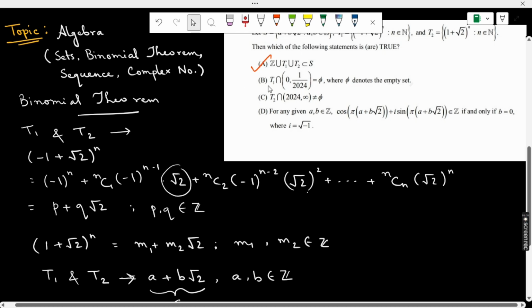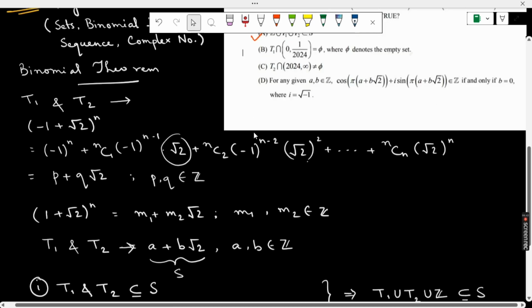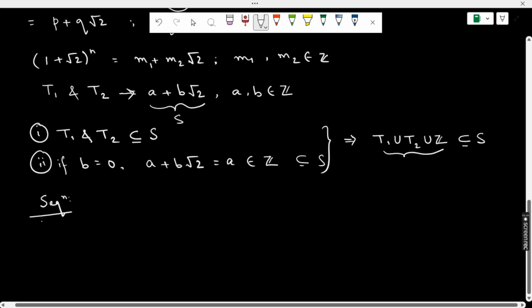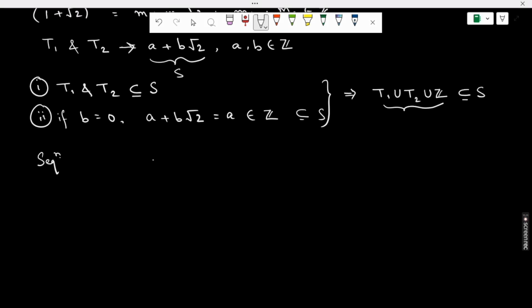Now to check options B and C, we need the concept of sequence. We need to know about the sequence that x to the power n tends to 0 when 0 is less than x less than 1, and x to the power n tends to infinity if x is greater than 1, correct?